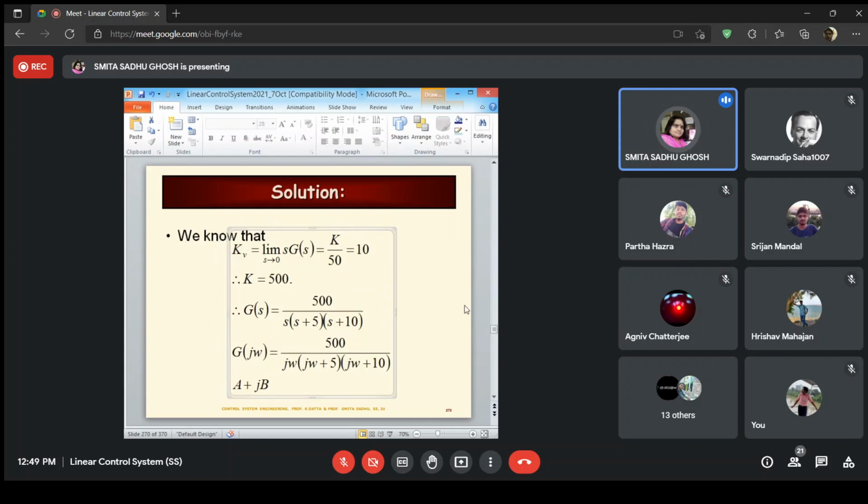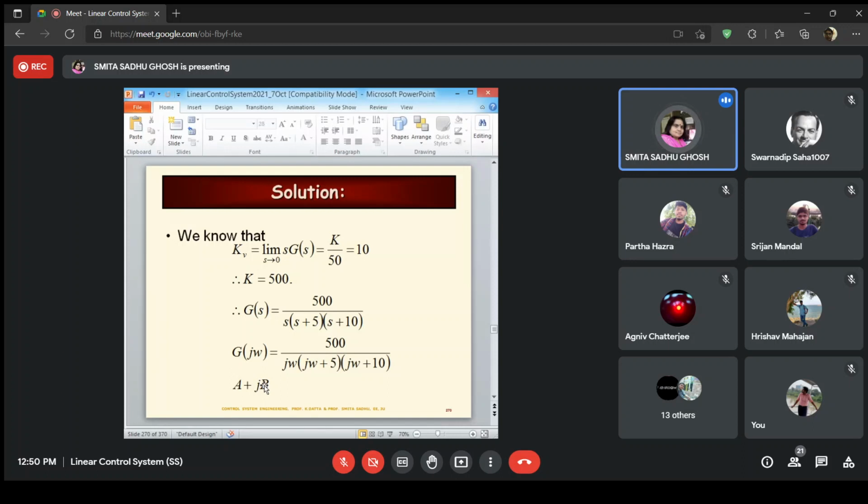Just to explain things, can you see I've written some new things? I've put g j omega. I've put s equal to j omega over here so that you understand what I'm speaking about. And that makes it 500 by j omega into j omega plus 5 into j omega plus 10. I've used w instead of omega, but anyway. So now what we are trying to do is, if we have a complex quantity as a plus jb, how much is the phase?